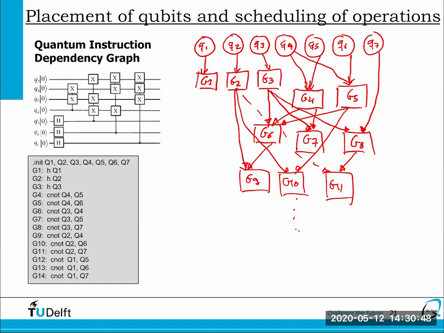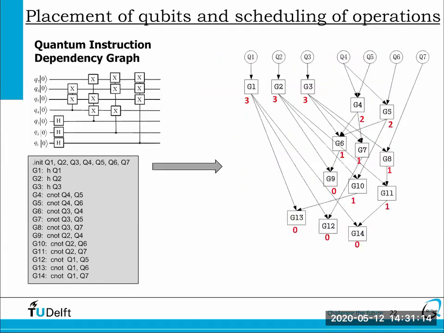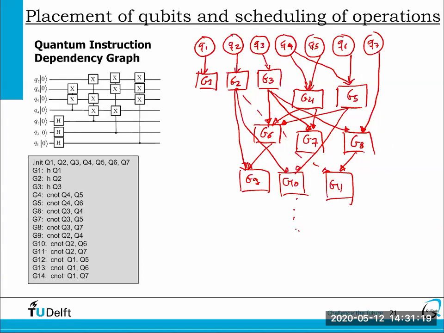Because G9 depends on 2 and 4, and G7 is using 3 and 5. Oh, okay, that's G6. I don't know if I made any mistake. I hope not. G6, G9, 6, 7, and 10, 5. I think I didn't make any mistake, but you can double check afterwards.